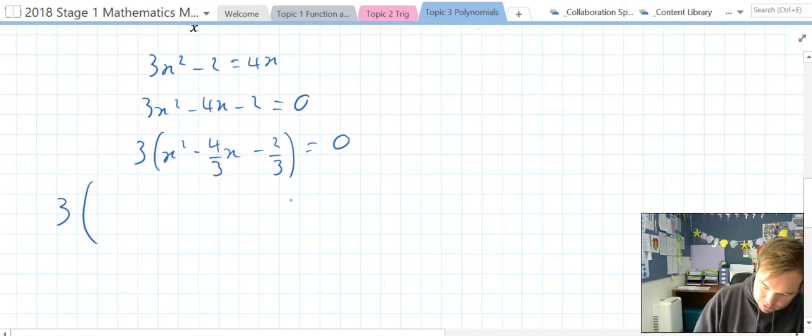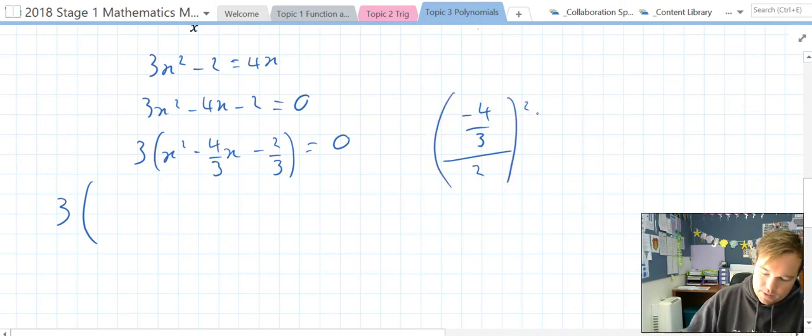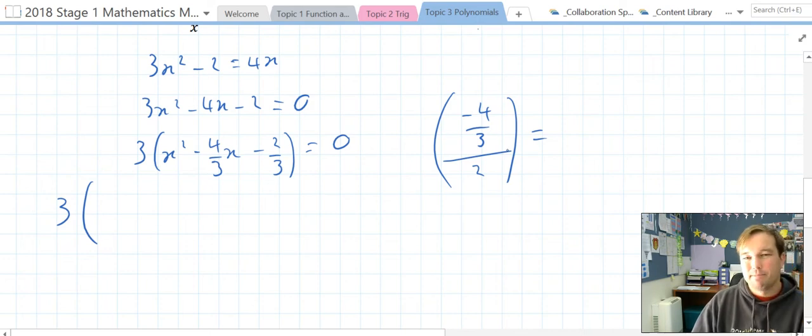Okay, so what are we doing next? Well, what we're doing next is grabbing the b term. The b term is minus 4 on 3, and then we're dividing it by 2. And then we're squaring it. So let's just simplify that to start with. Minus 4 on 3 divided by 2. Well, when you halve something, you're halving the top number.